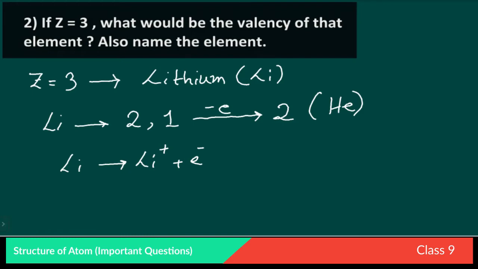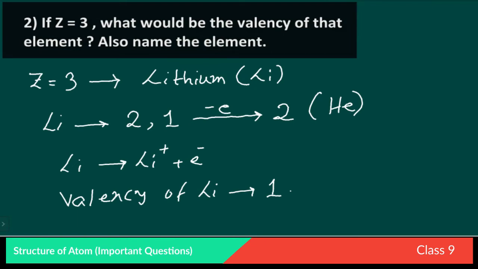That means it will release one electron in order to attain the nearest inert gas configuration and become stable. So we can conclude that as lithium loses one electron, its valency will be equal to 1.